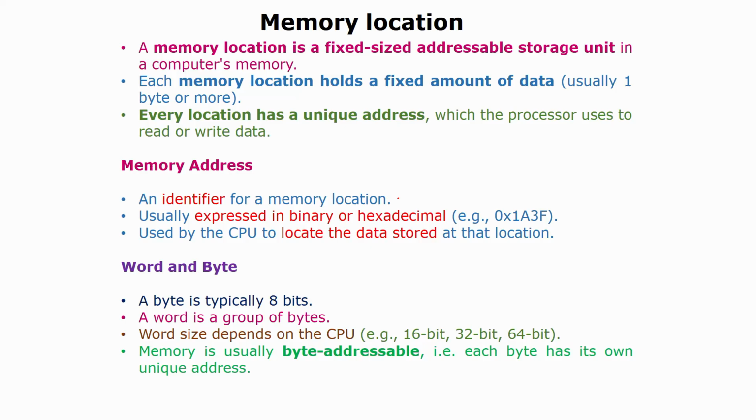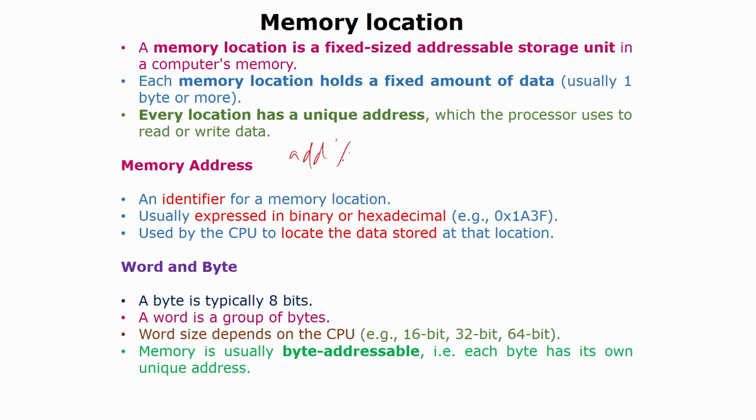Here the memory plays a major role in the computer system or processing unit, since it stores both the data and the instructions required for processing. Normally a memory location is a fixed size storage unit, which holds some data or an instruction, and every memory location has a unique address.